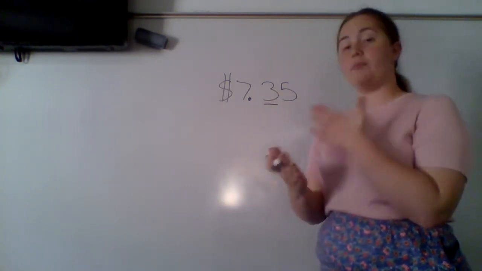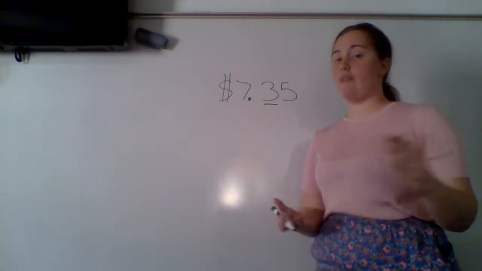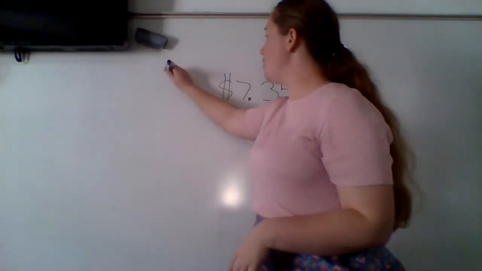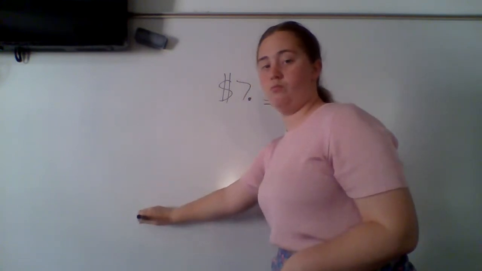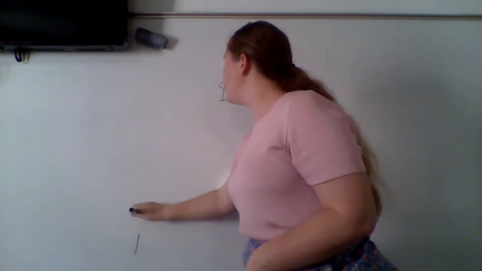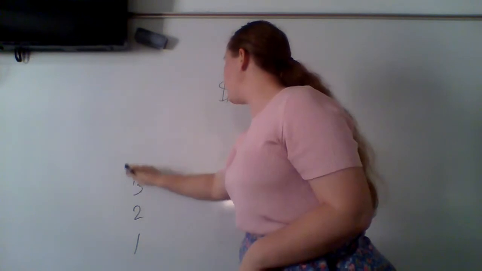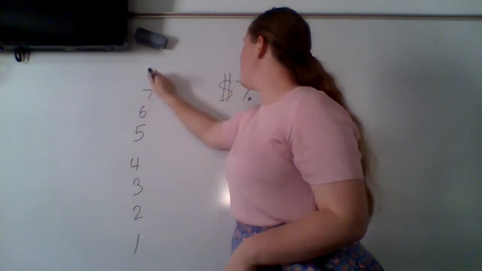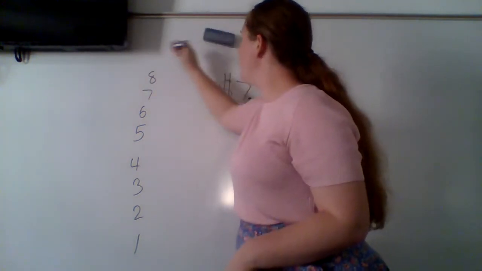And I'm going to just apply the same rules that I've been doing for rounding all year. So if it's 1, 2, 3, 4, 5, 6, 7, 8, or 9.